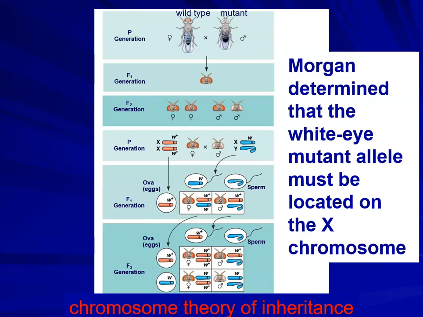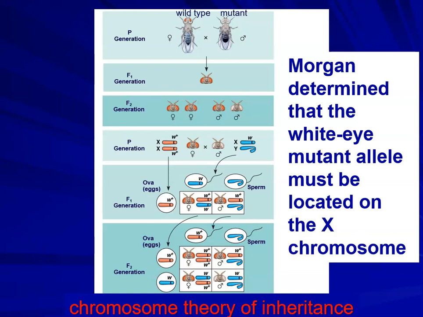Once Morgan and his group of scientists showed that genes are located on chromosomes, the two constituents of chromosomes, which are proteins and DNA, were thought to be the candidates for the genetic material. Nobody really knew, though, what that molecule of heredity was. So it was really a toss-up between DNA or proteins that was responsible for passing information from parent to offspring.